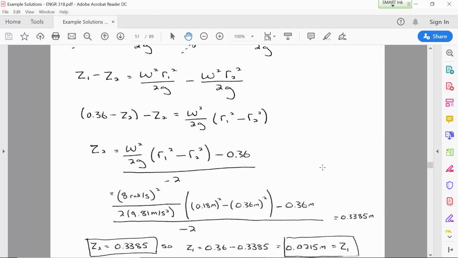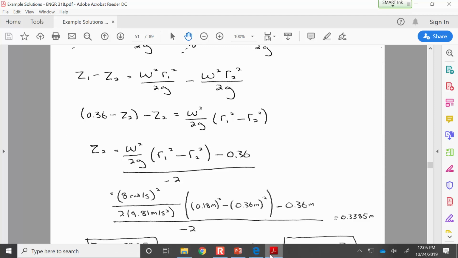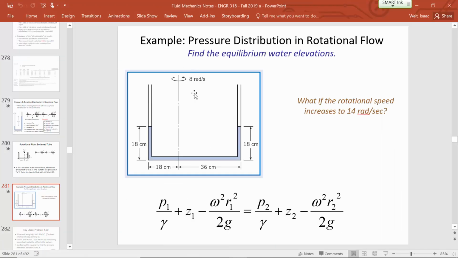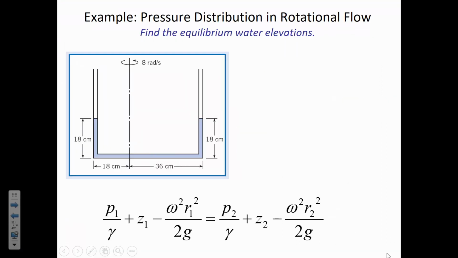So remember, spinning brought it down on the left and raised the liquid on the right. And this is the equilibrium water elevations if it's spinning at 8 radians per second. What if we spin it a little bit more? So think about, it's most of the way down so far. It's pretty far down.